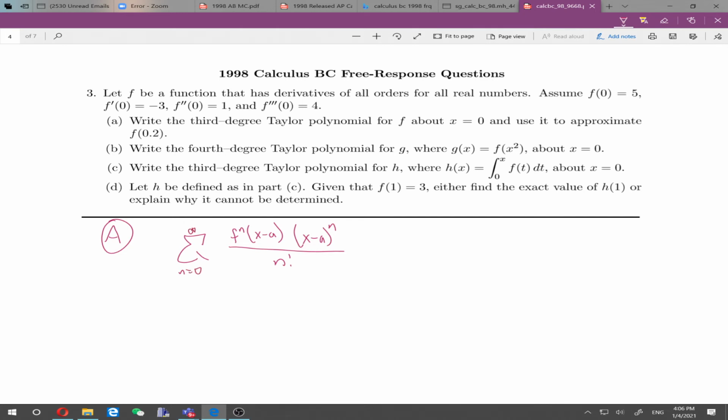I want a third degree Taylor polynomial, so I'm going to do this until we get x to the third power, and because we're centered at 0, this is just x. We don't have any a's, because we didn't shift our center point.